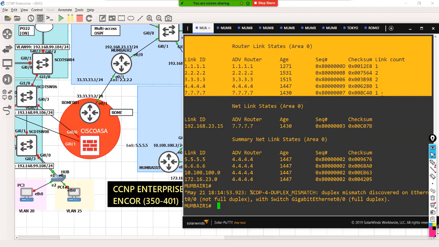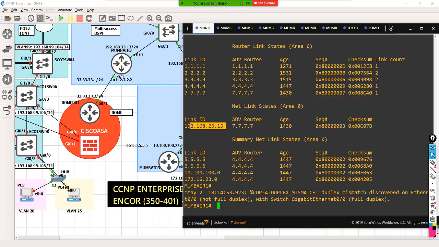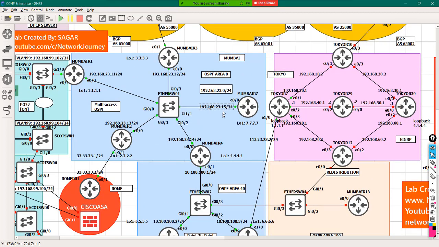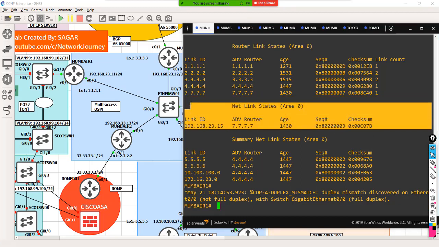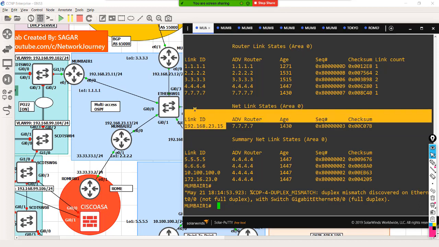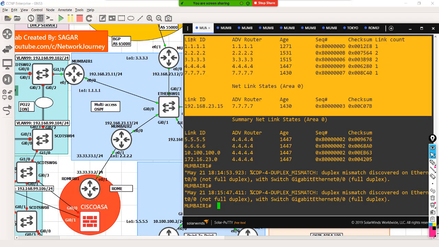LSA 1, which is router LSA, and then we had seen LSA 2, which is emitted by DR. Okay, so in this case 7.7.7 is acting as your DR. So what is the network that DR is advertising? It's your 23.15. So that is what LSA 2 is going to say, that I am the advertising router DR in the case of area 0, and this is my network. Okay, LSA 2. So these were the two LSAs we checked in the previous class.